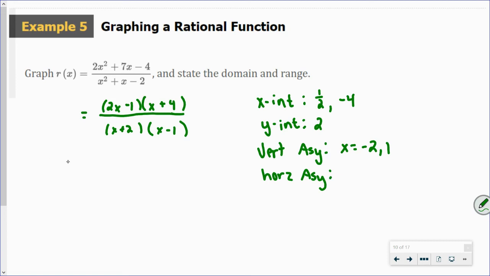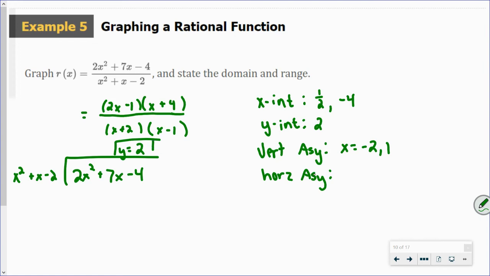If we just do the division, 2x squared plus 7x minus 4 divided by x squared plus x minus 2: how do I make x squared become 2x squared? I multiply it by 2. And then the next thing would be my remainder, so I'm done. So my horizontal asymptote is y equals 2.